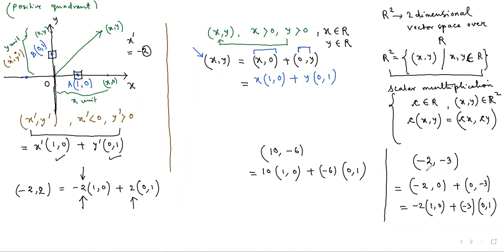So we can generalize the points like x, y. Any arbitrary point in any quadrant you choose, it is interesting to note that 1, 0 and 0, 1 play a very vital role here. Every point of the two-dimensional plane can be expressed as some linear combination of these 2 points.